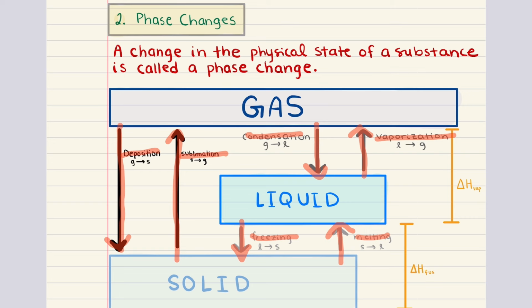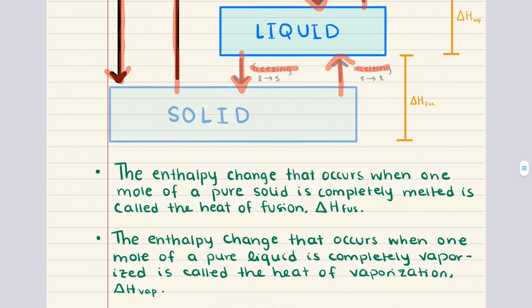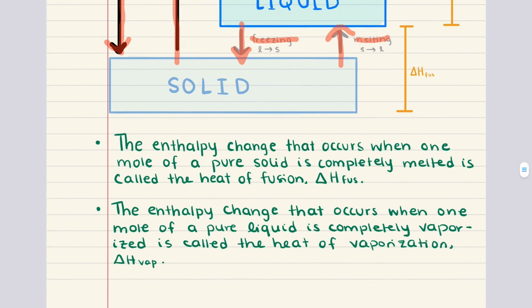Now, these phase changes are driven by changes in temperature and changes in pressure, and they occur at specific points known as the melting point or the boiling point or the sublimation point, etc. The enthalpy changes that are associated with phase changes are going to be really key to understanding the energy that's required or released during these transitions.